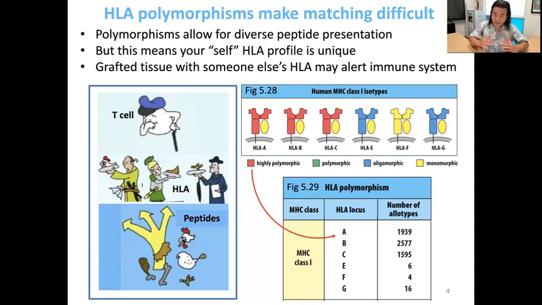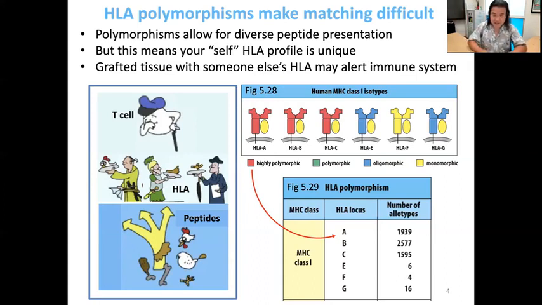Whereas other people with different polymorphisms might not present the chicken head as well. Their immune systems are at a disadvantage in terms of being alerted quickly. So because these HLA proteins are so polymorphic, that causes a big problem.